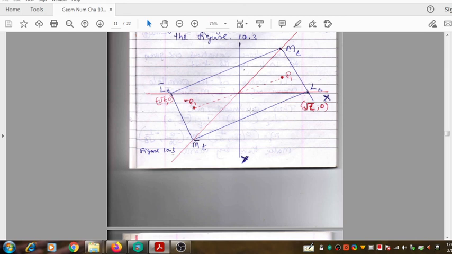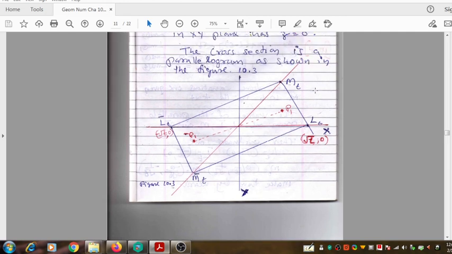If this largest point P1 is present on the x-axis, then what happens to the y coordinate? Q1 becomes 0.